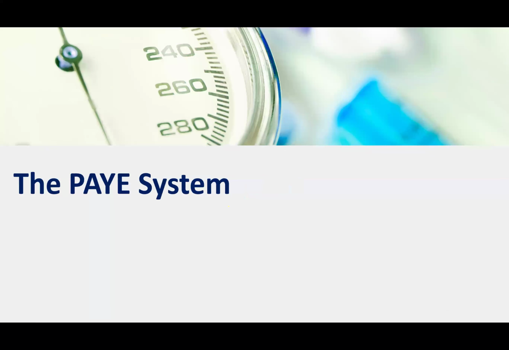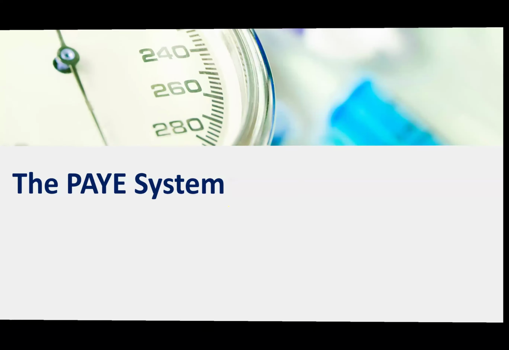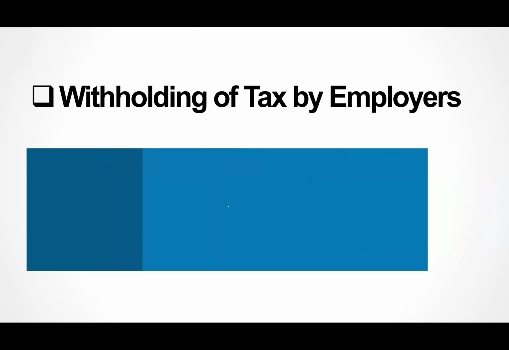Then, of course, as we move into our discussion, we look at the pay system. The withholding of tax, as we have seen, is by the employers, your clients. So your clients act on behalf of URA.